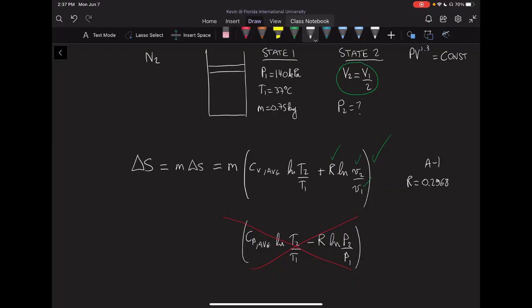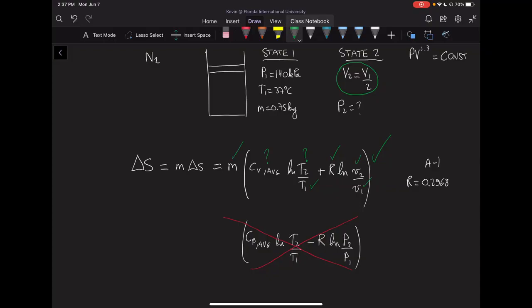I'll let you go look and double check. We already have temperature 1. We're trying to find temperature 2, which we don't have yet. We don't have CV average. We do have mass, however. Mass is 0.75. We're given that mass, and that mass does not change.